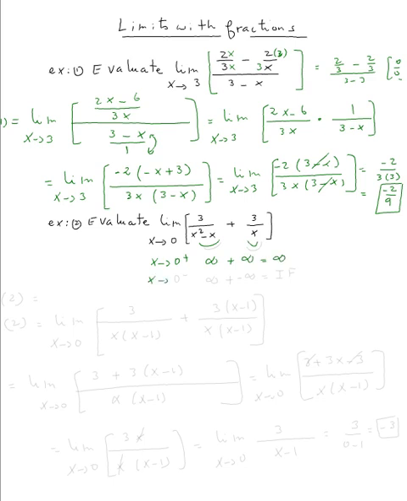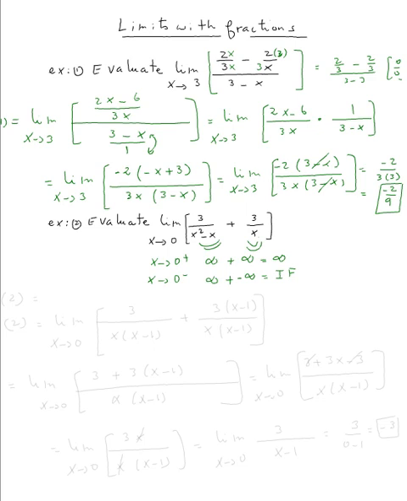But as you approach 0 from the left side, this will be positive infinity, and this will be negative infinity. So you get positive infinity minus negative infinity, which is an indeterminate form. So it's not going to work.